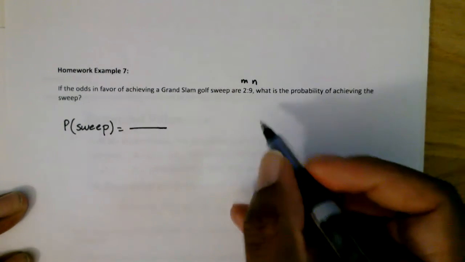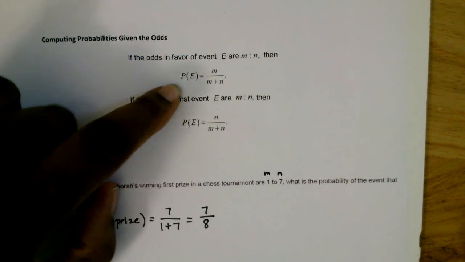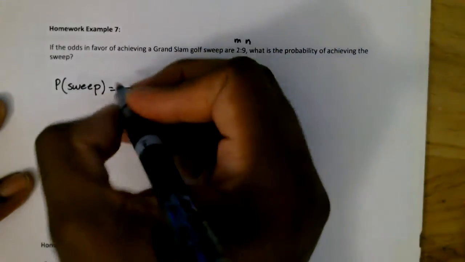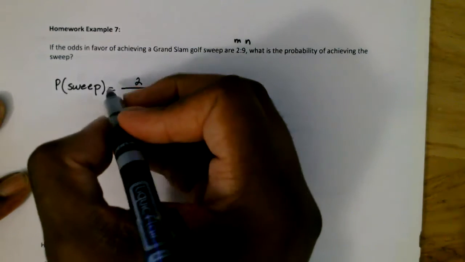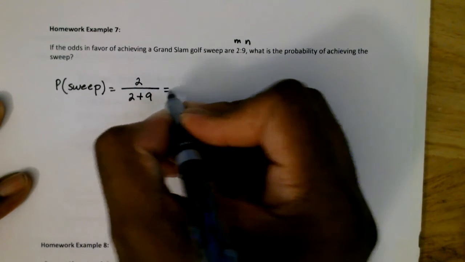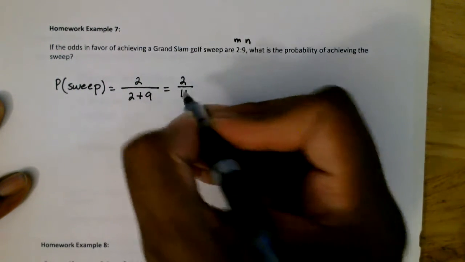So the probability, and I'm going to come back down here to this formula. This is the odds in favor. M is the first number in front of the colon, which in this case is going to be the 2. So that 2 goes in the numerator, and then we add those two numbers together, the 2 and the 9. 2 plus 9. So it'd be 2 on top. 2 plus 9 would be 11.